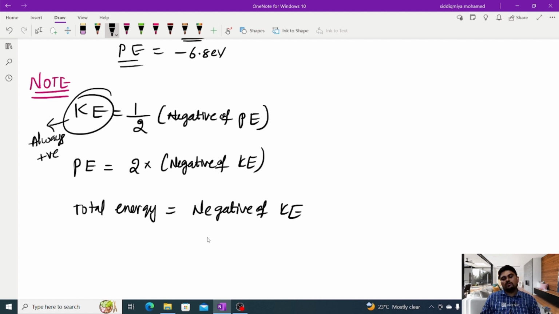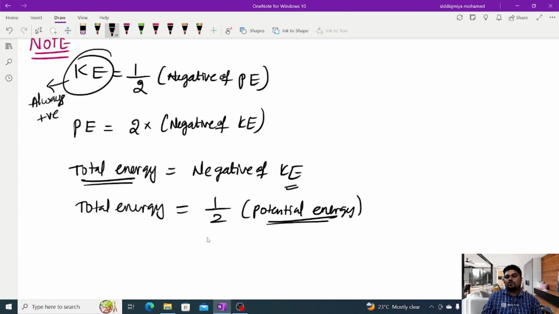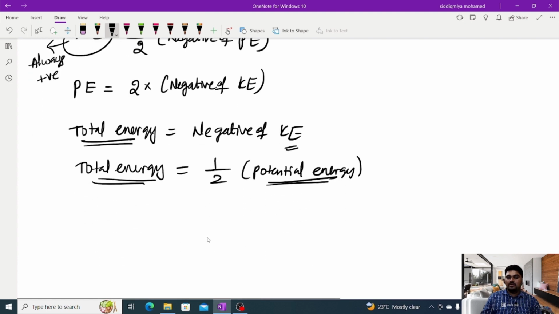Why? Because total energy will always be negative, and kinetic energy will always be positive. Also, total energy is equal to half into potential energy. Here we don't mention a negative sign because potential energy is always negative only.